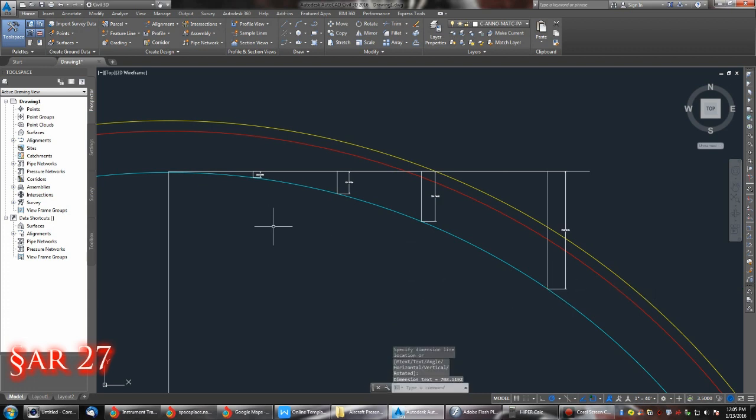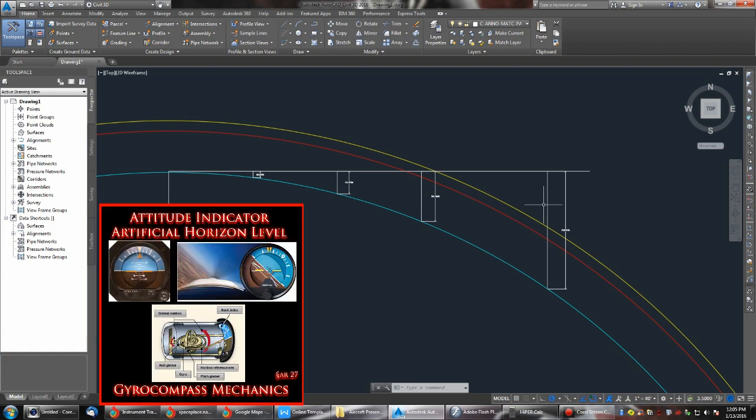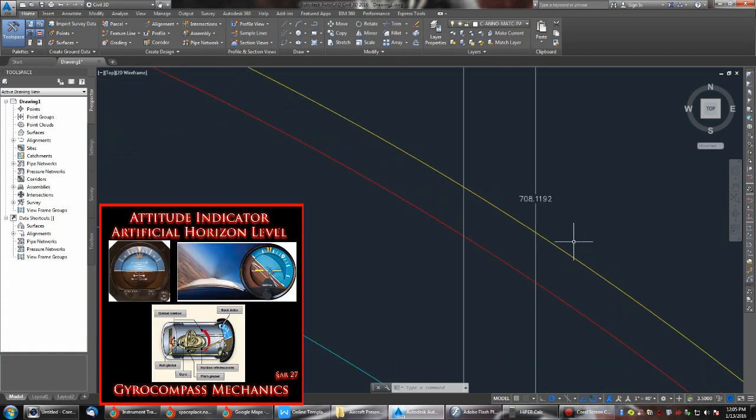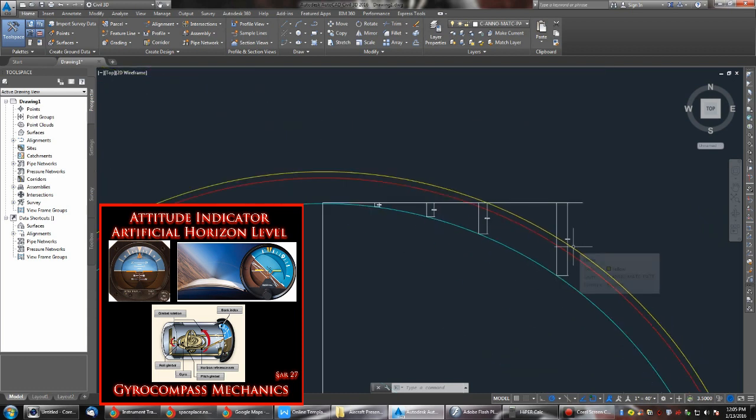Now you can see after the 1 hour, 2 hour, 3 hour, 4 hour trip, it's going to be about 708 miles drop of curvature that the plane would have to be nosediving down to compensate for. Because if the plane flew in a straight line, keeping level, like they do with the gyroscope, with the artificial horizon, the attitude meter, if they do not curve down, they will go straight into space.